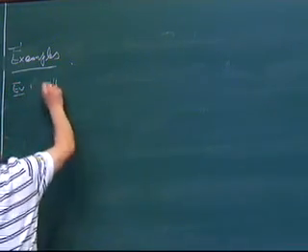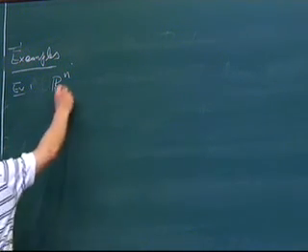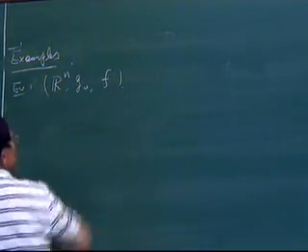The example one I will take is Rn. Of course, if you take f equals 0, it's a trivial one. But it is special if you take the standard metric. You take a function f here.